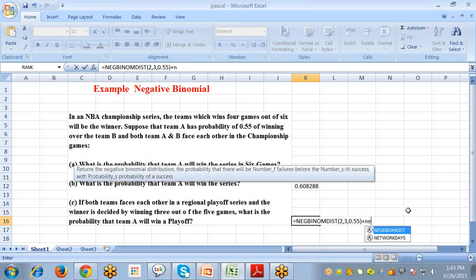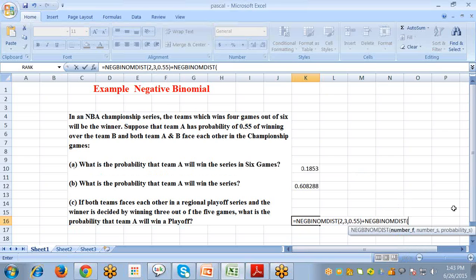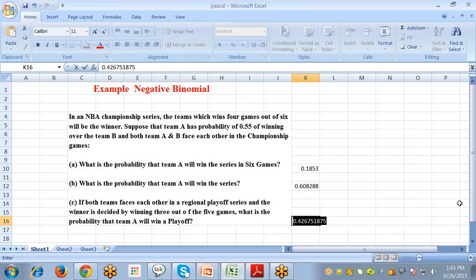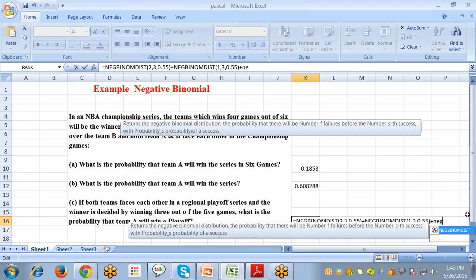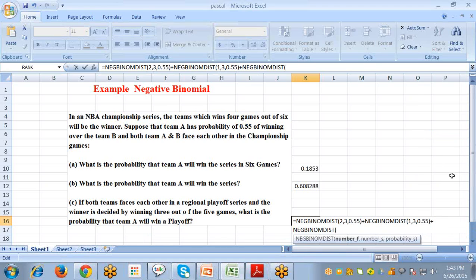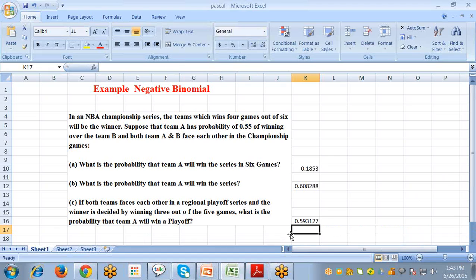Then plus, again write the function, 1, comma 3, comma 0.55, and then plus the negative binomial distribution with 0, comma 3, comma 0.55. Then press enter, and this will be the answer for this question.